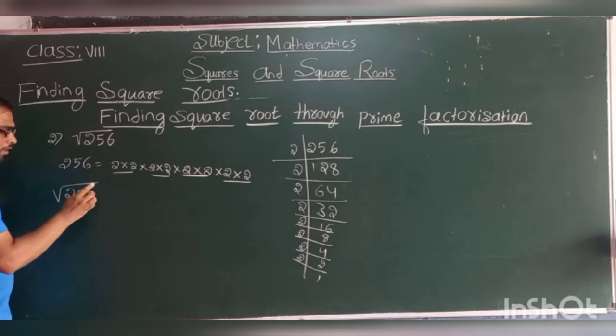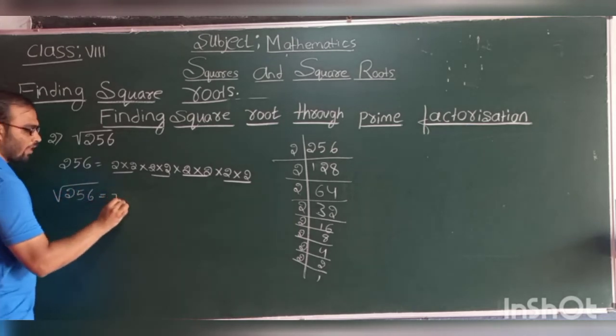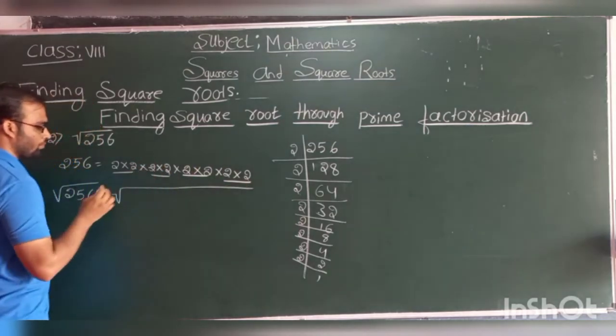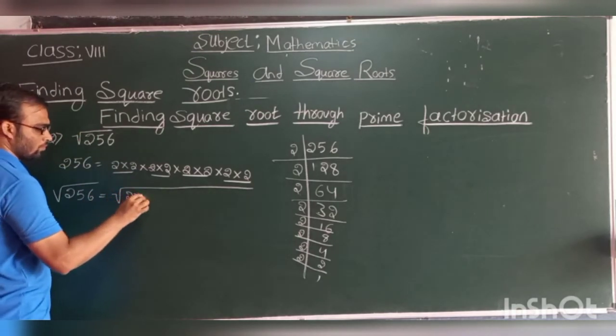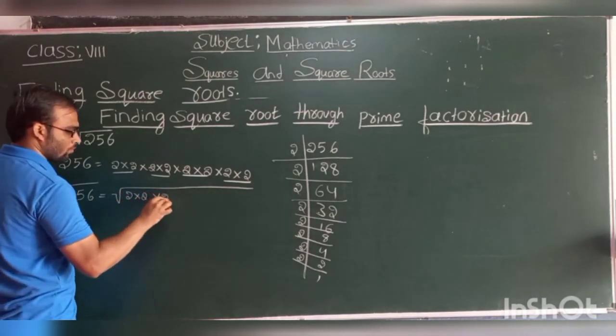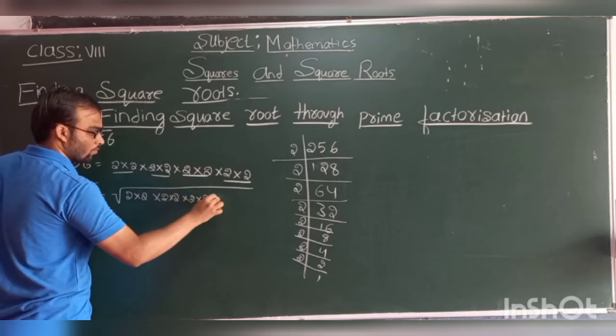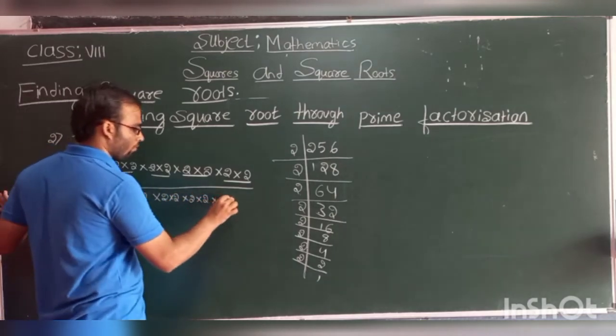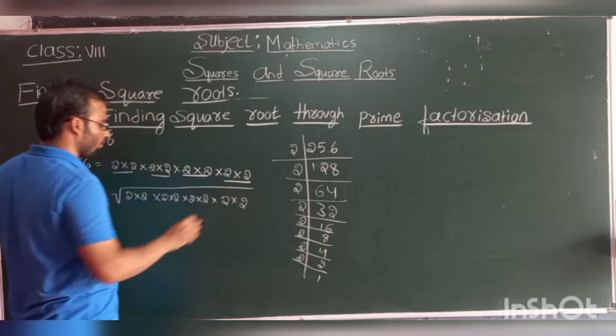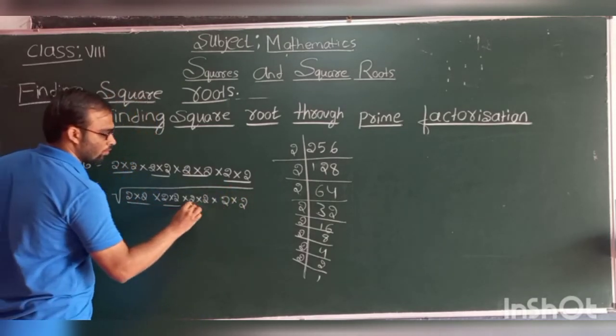The square root of 256. Okay, so now writing root. 1 2 3 4.